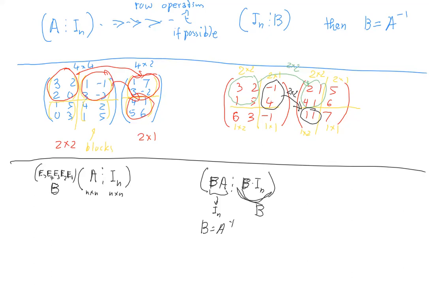Yeah. In most cases, you won't be able to multiply blocks. So let's say that you have 3, 1, 2. And so this is a 3 by 3.